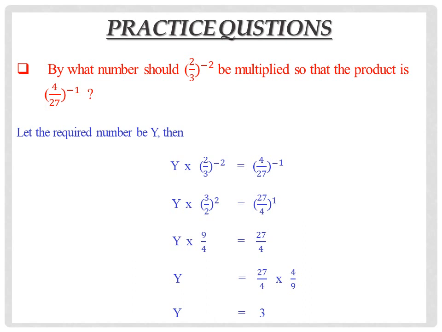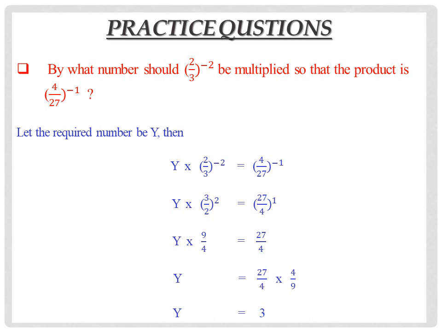Now taking some practice questions. You see here, by what number should (2/3) raised to power minus 2 be multiplied so that the product is (4/27) raised to power minus 1? Let the required number be y, then y is multiplied by (2/3) raised to power minus 2 and we get the result (4/27) raised to power minus 1.